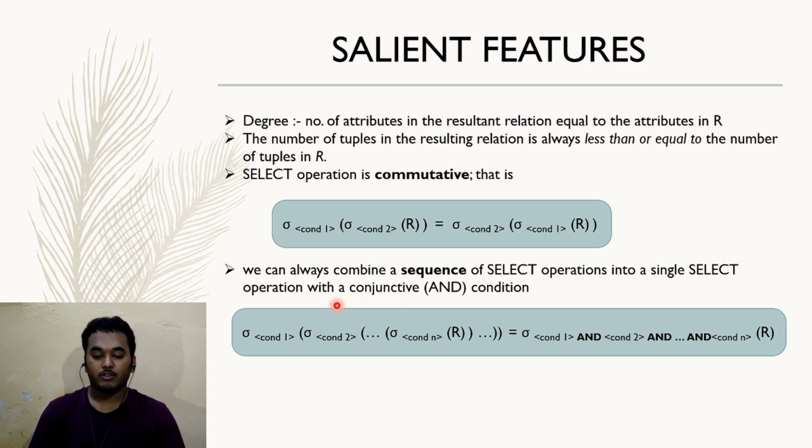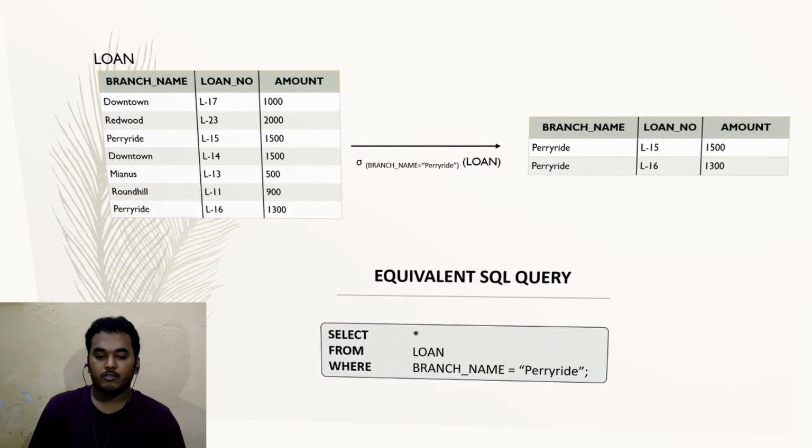We can always combine a sequence of select operations into a single select operation using the AND condition. Here we can see that there is a sequence of n select operations, which we can equivalently write in this form using a single select operation and combining all the conditions using the AND operation. So here we have an example.